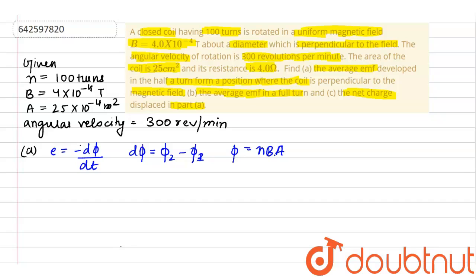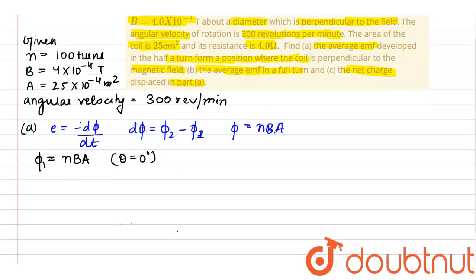In the first case, it is perpendicular, and then we are going to change the angle. It's going to be at a different angle because it's turning with an angular velocity. So when we take the first case, phi is going to be equivalent to NBA because theta is equivalent to 0 degree. So it's going to be our phi 1.